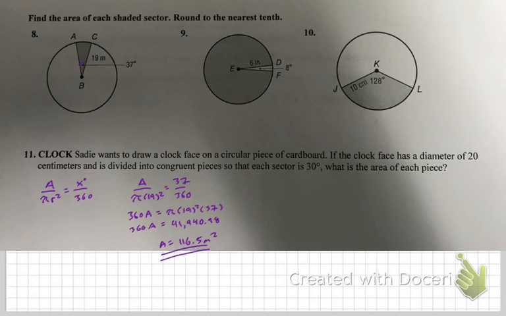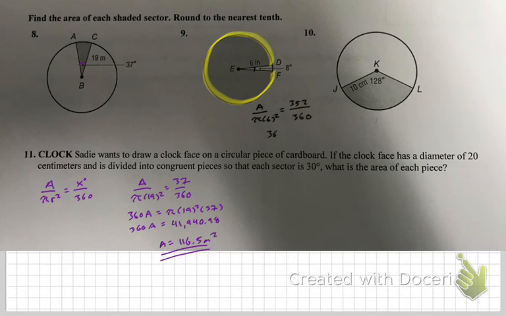Looking at number 9. They're telling us the central angle of the non-shaded part is 8, which means our arc measure of the shaded is 360 minus 8. So that would be 352. Okay. Our radius is 6, so area of the sector over area of the circle equals arc measure 352 over 360.